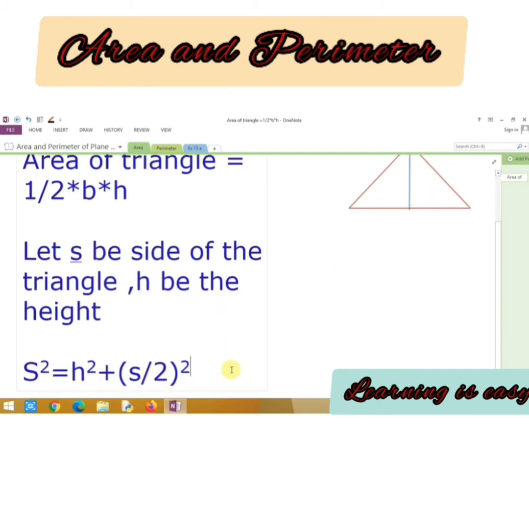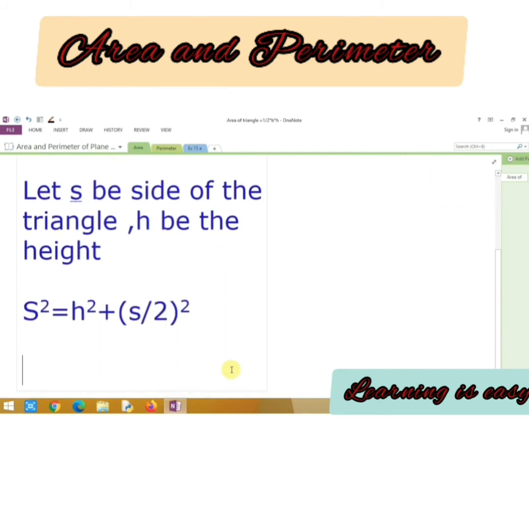So we are seeing, for the equilateral triangle, what's going to be the height and area. All the 3 sides are the same. So that's going to be written as h square equal to s square minus s square by 4. So we need to take the LCM.